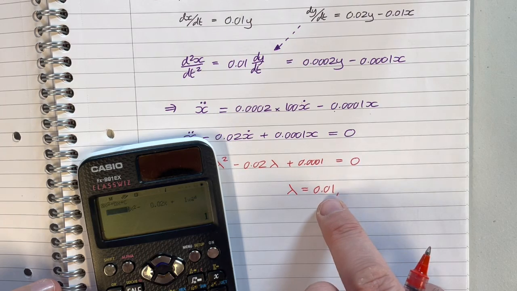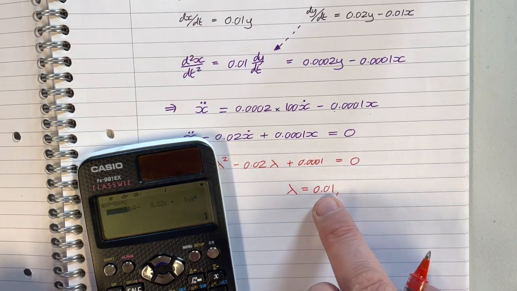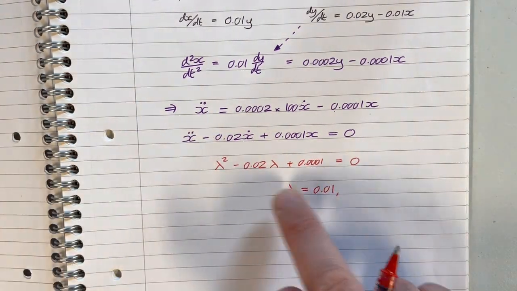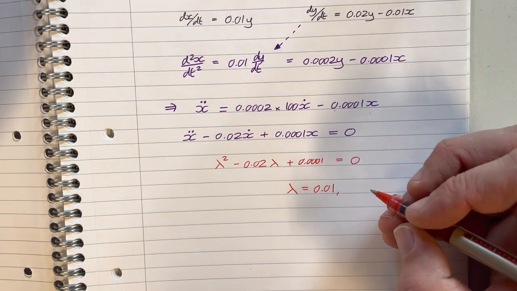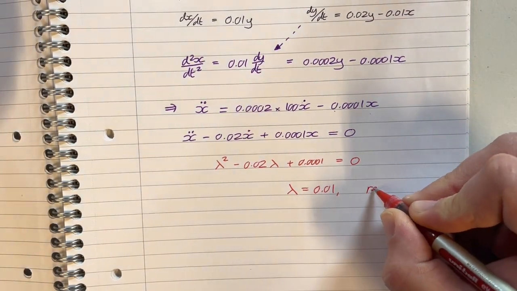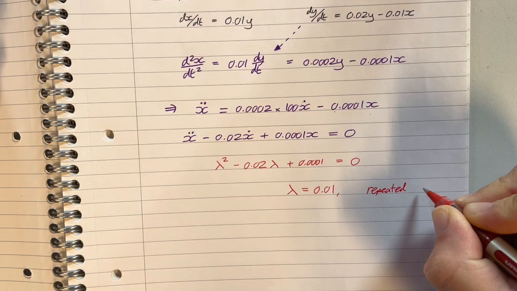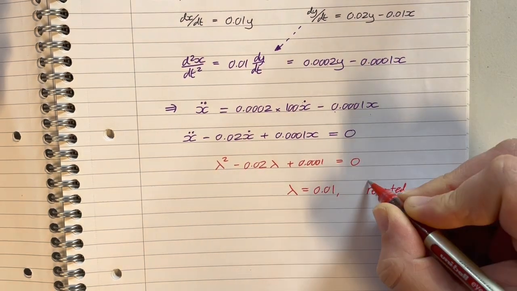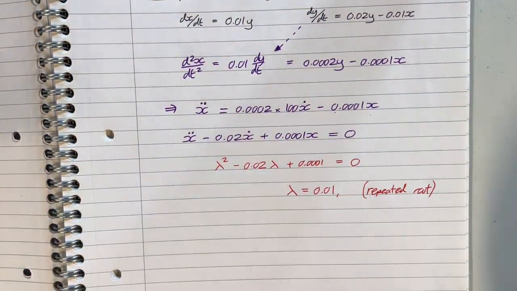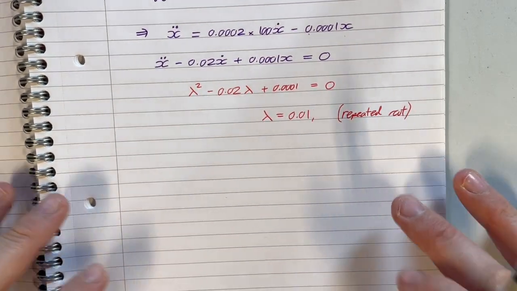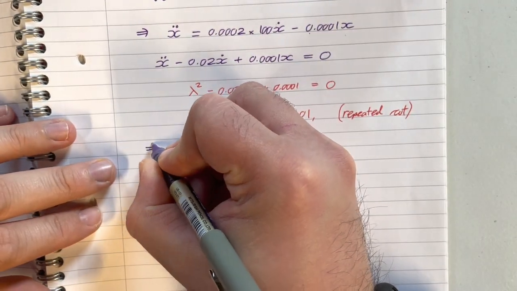Yes, that makes sense. 0.01 squared is that, and if I add two of those together and multiply by minus 1, I get that. So yes, that is the only solution, so it's a repeated root in this case.